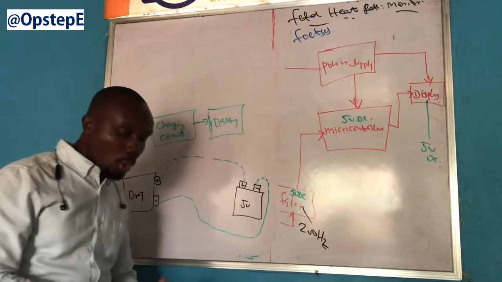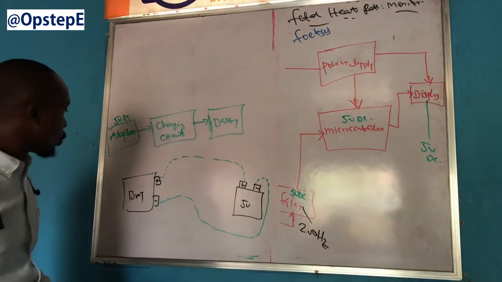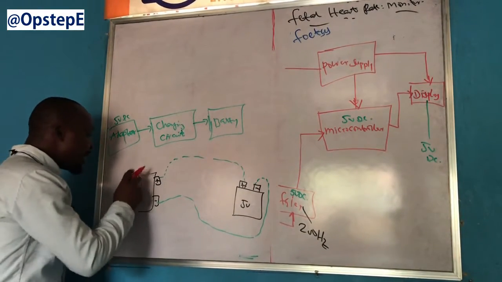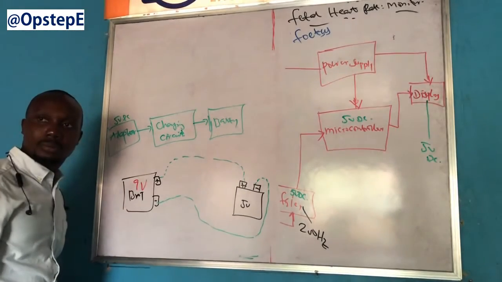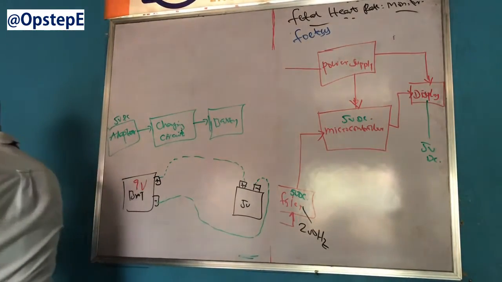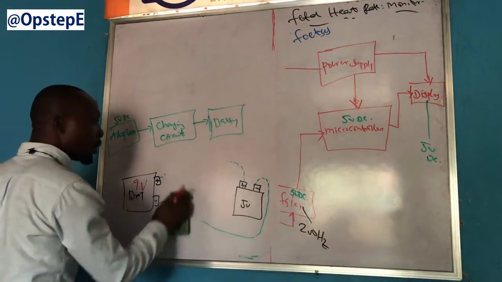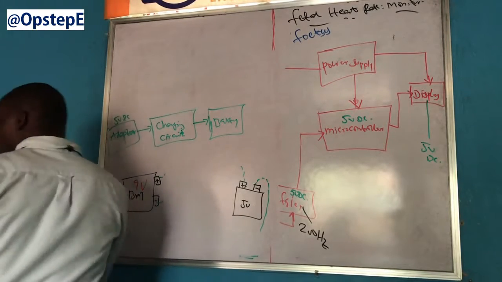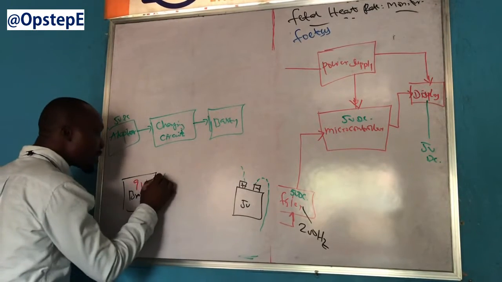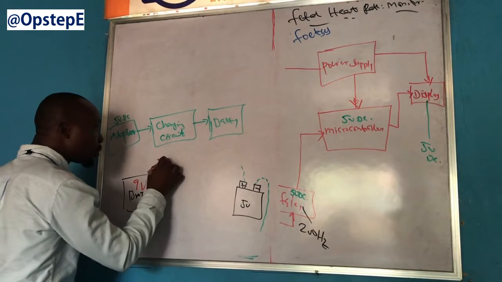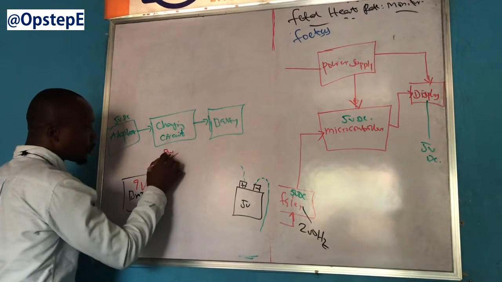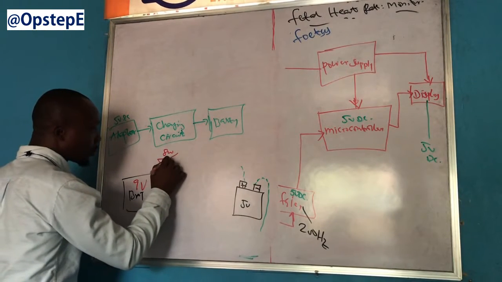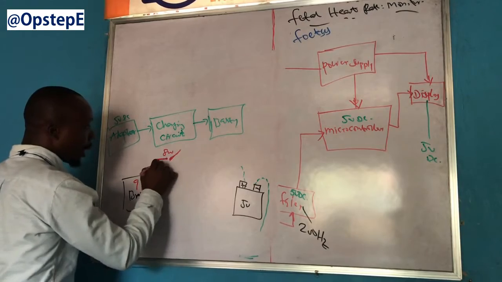Are you following me? What I would likely do is to go to the market and get a 9 volt battery. My 9 volt battery, we then have to go through first a power switch. I have to go through a switch.